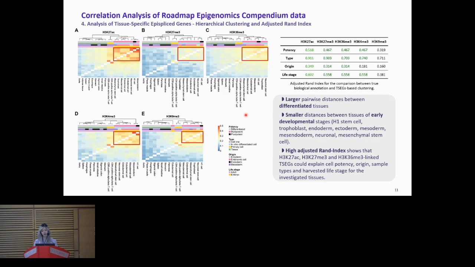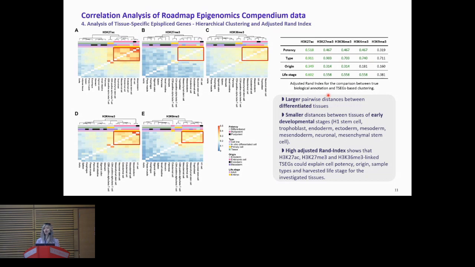So first of all, for example, potency, the sample type of the cells, origin, or life stage of the cells. And again, we computed the adjusted Rand index to see the matching of the labels. On the left side, again, we have this table showing you the value of the adjusted Rand index, and those are moderate or high. And so we conclude that episplicings actually distinguish the cells based on the 4 criteria.